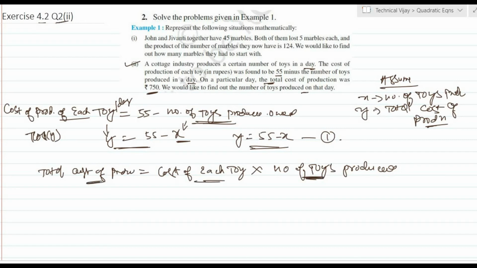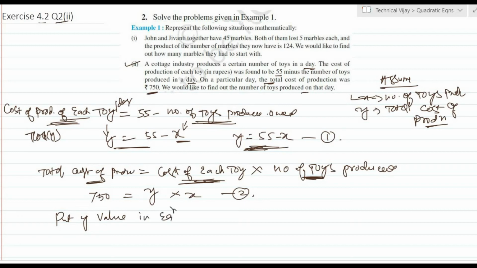Here the total cost of production he has given as 750. This is equal to the cost of each toy, the cost of production of each toy, that is y, into the number of toys produced, that is x, we have assumed. So now this is the second equation. We will put this y value in equation 2.